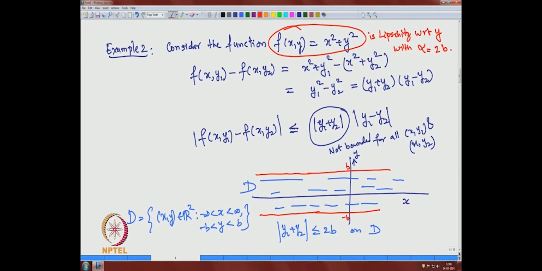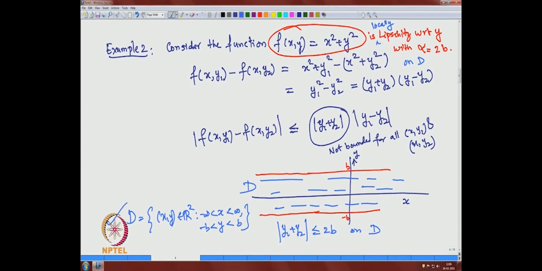So for a function of two variables x and y, we have verified the Lipschitz continuity, and this Lipschitz continuity is local. So this is locally Lipschitz with respect to y, and that is on the domain we just defined, D.